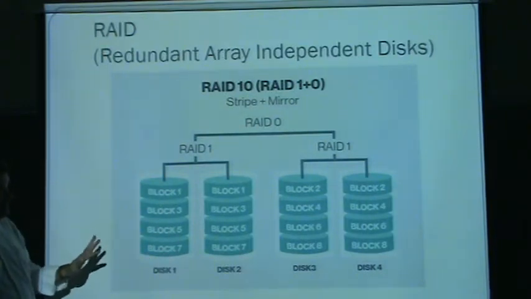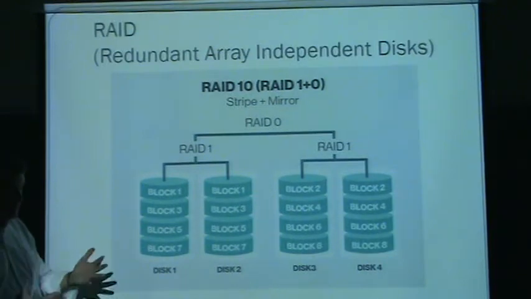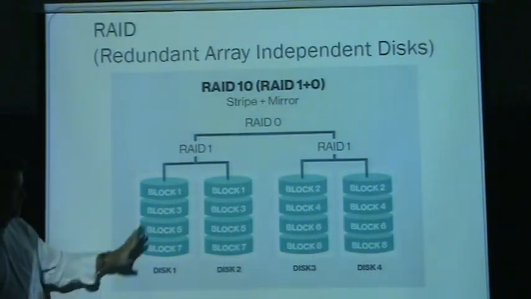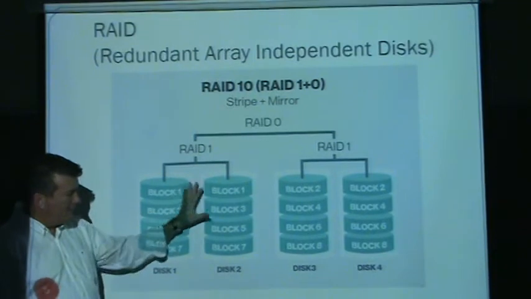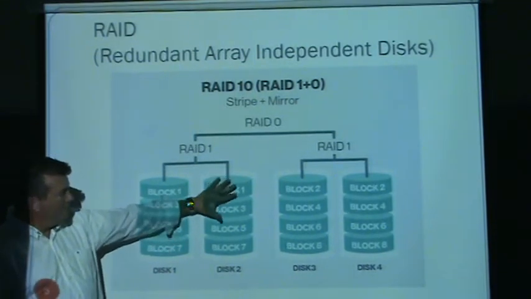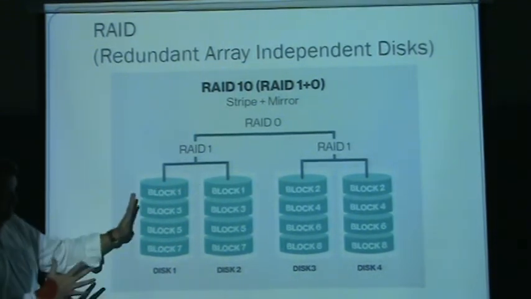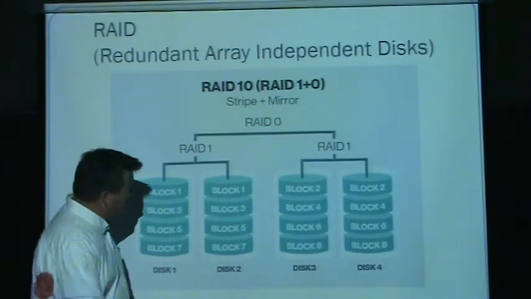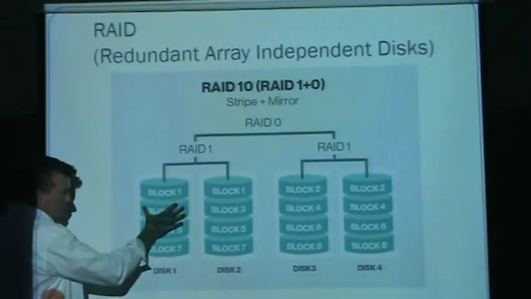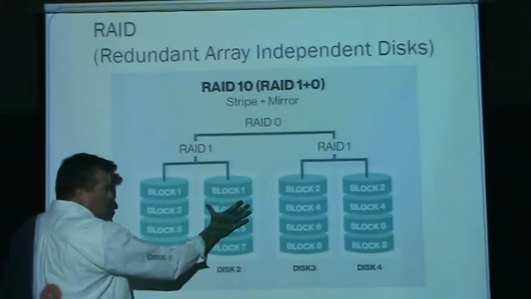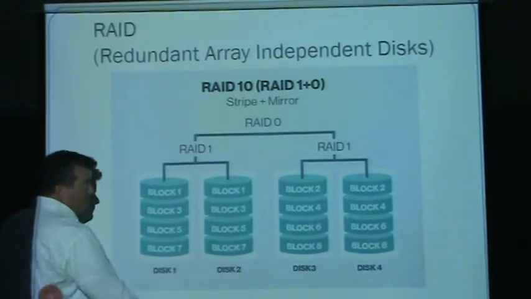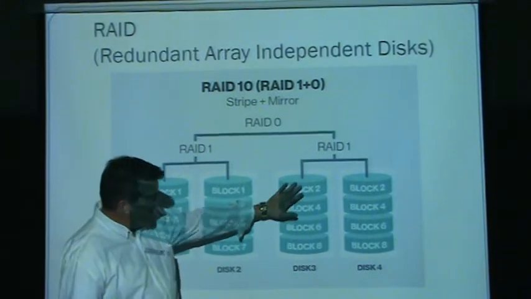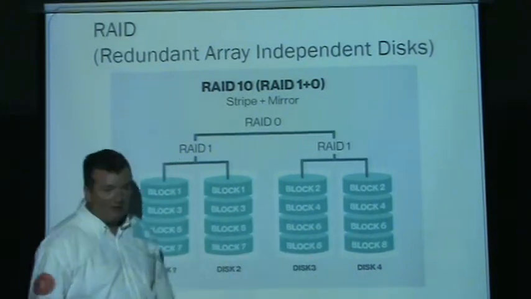But suppose we decided we have a lot of disk space, so we're going to make 2 copies of every block and bundle them together, maybe the odd blocks, 1, 3, 5, and 7, and make 2 copies of them. And then we'll take the even number blocks and make 2 copies of that.